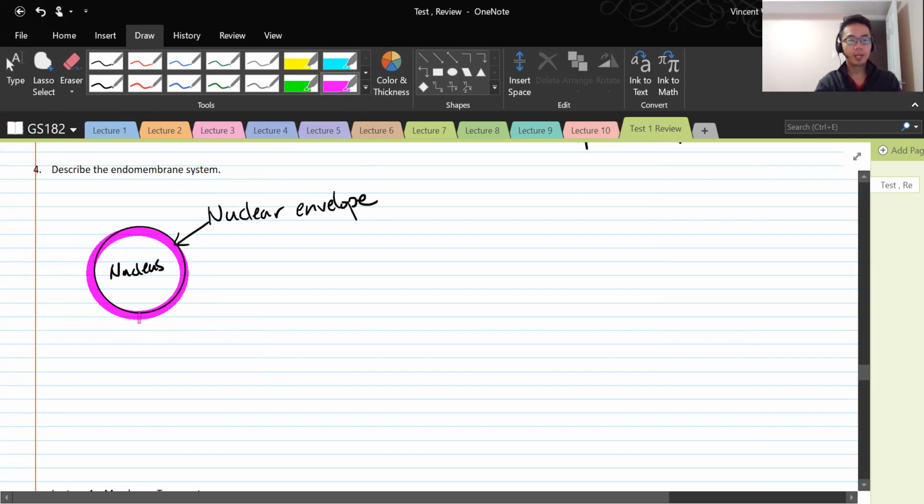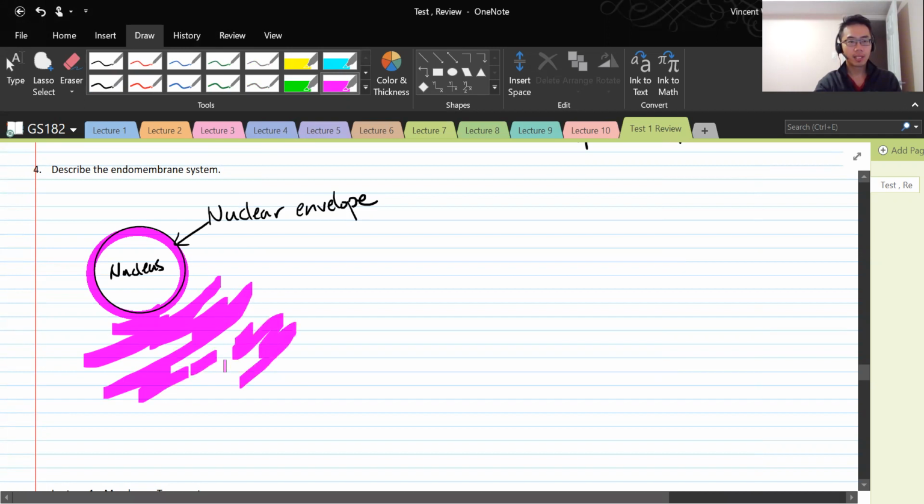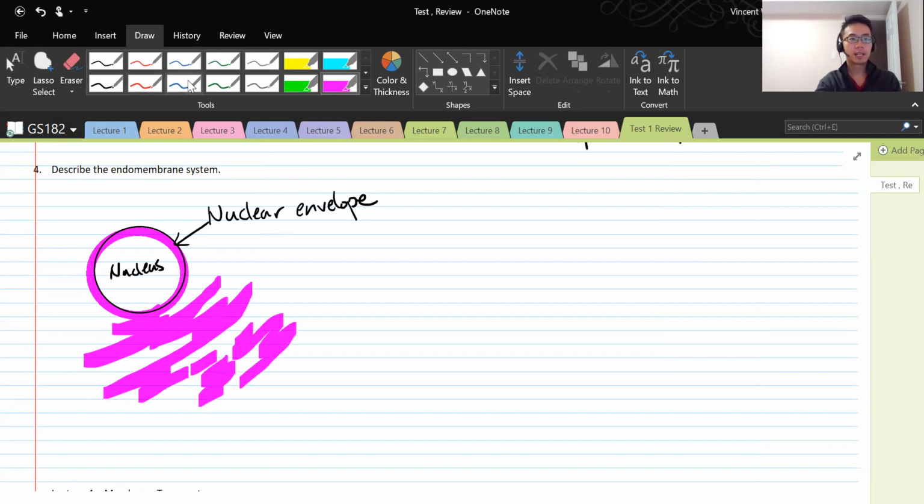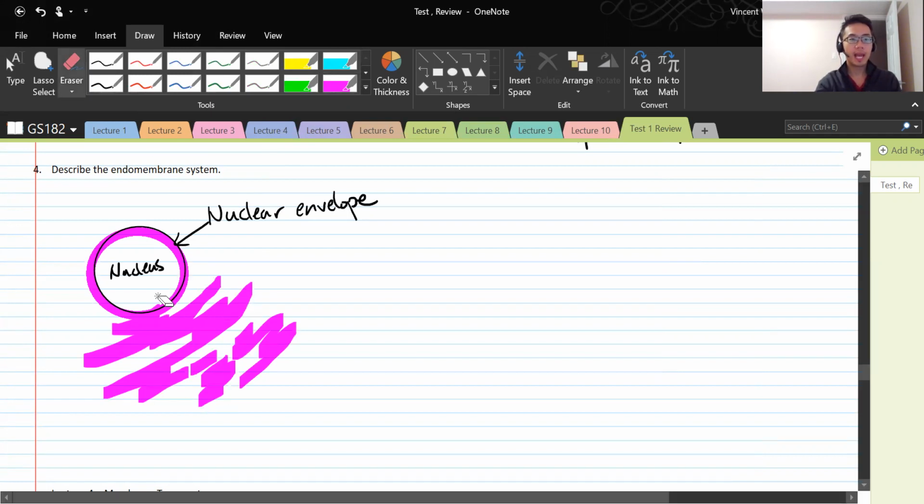Now that nuclear membrane will continue to extend into your cytoplasm. Okay. And it will form the endoplasmic reticulum. So some of the endoplasmic reticulum will have ribosomes on them. Some will not. So these are your rough endoplasmic reticulum.